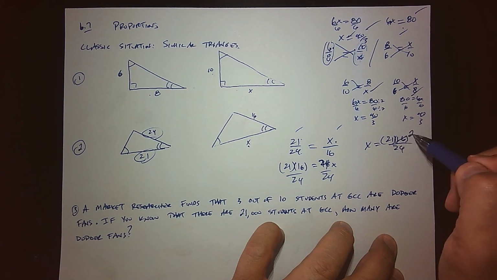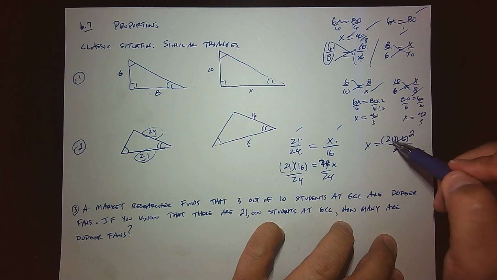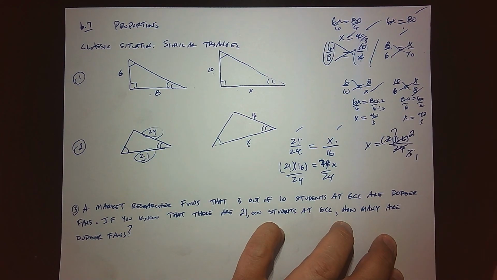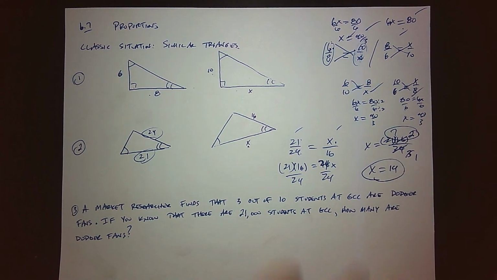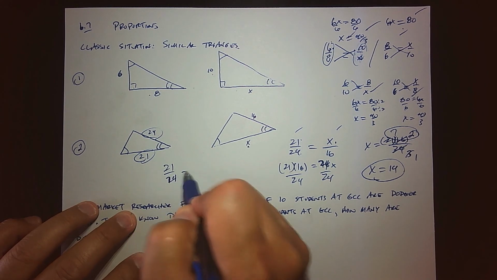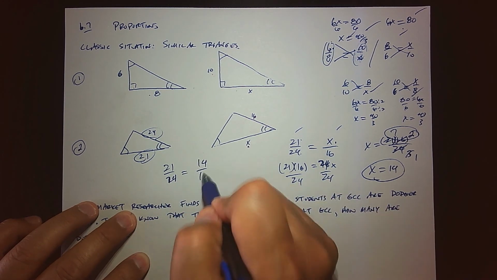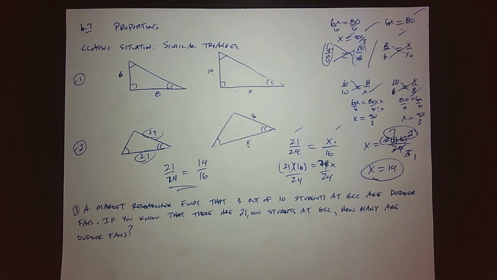Right? 8 goes into 16 twice, and it goes into 24 3 times. And then 3 goes into 21 7 times. So putting things together, it looks like x is equal to 14. So 21 is to 24 like 14 is to 16. We have equivalent fractions. Okay?